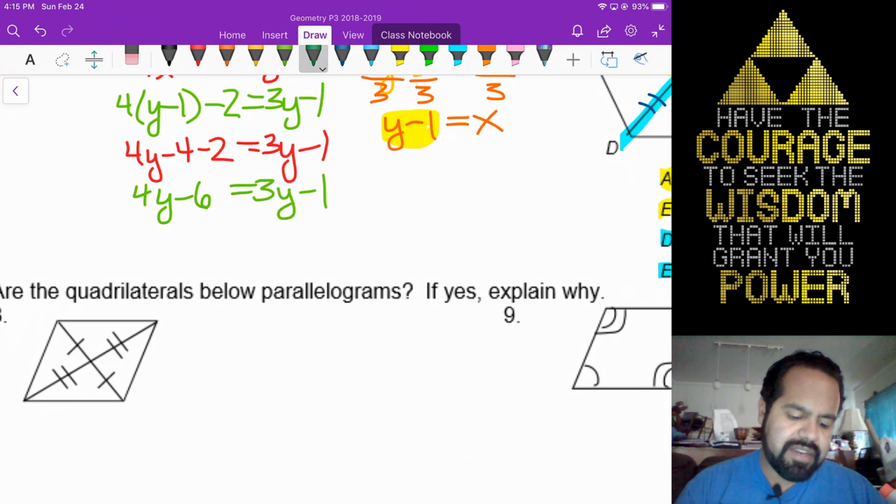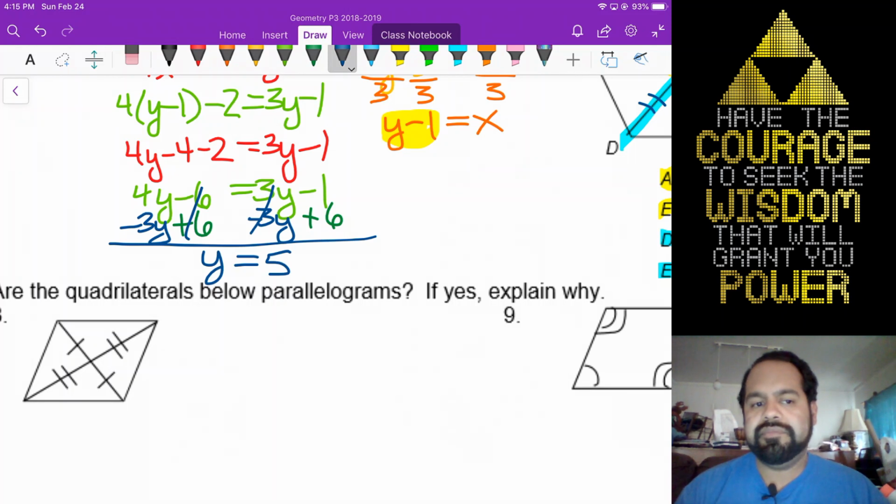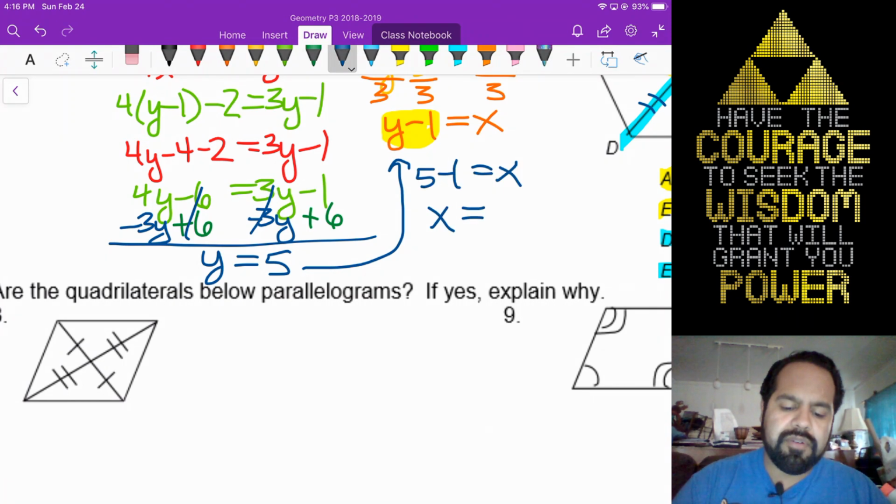Ooh, this is going to turn out nice. So I'm going to add 6 to both sides. I'm going to subtract 3y from both sides. And so we're going to have a nice y equals 5. Now that I know y, plug it back in here to get x. So 5 minus 1 is the value of x, or x equals 4.